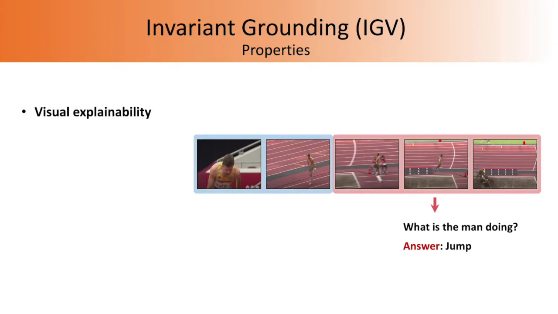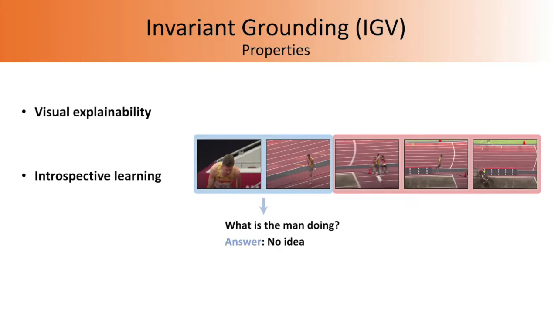The first is the visual explainability, that is to answer which visual scene is the right reason for the right answer. So when asking what is the man doing in this case, the model should attend to the jump event present in the last three clips rather than the track complement scene in the first two clips. It should also have the ability of introspective learning, that is to double-check how the predictive answer would change if the causal scene were absent.